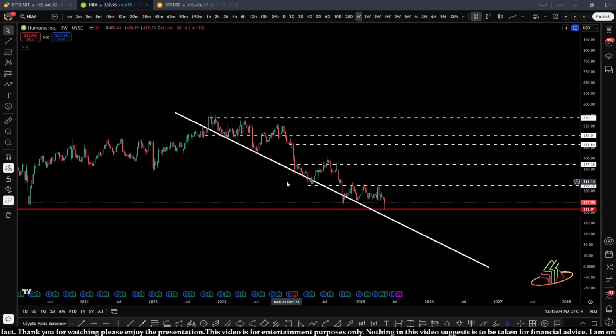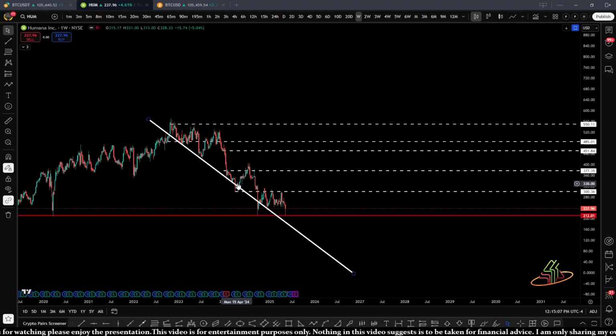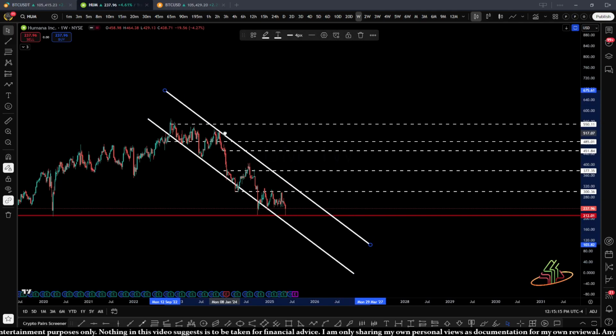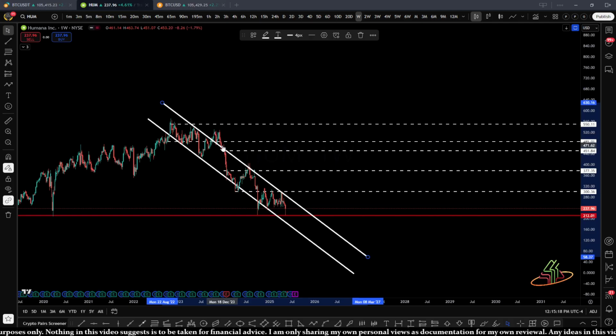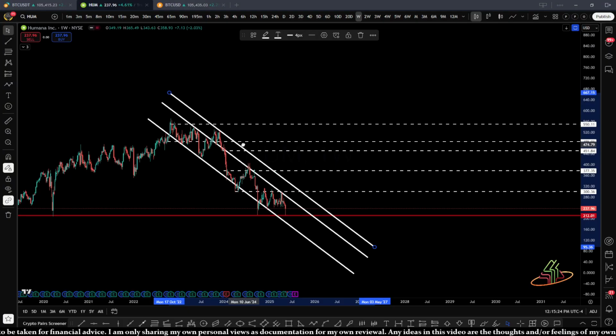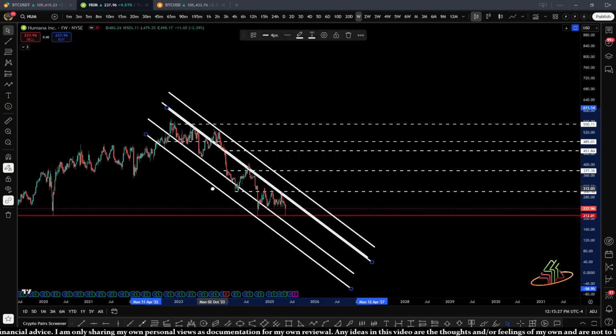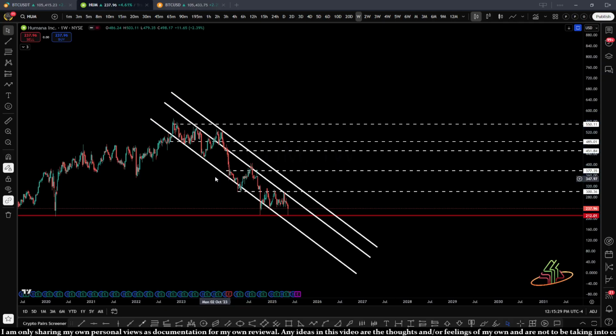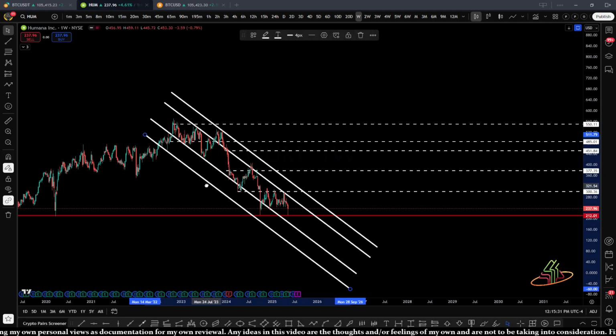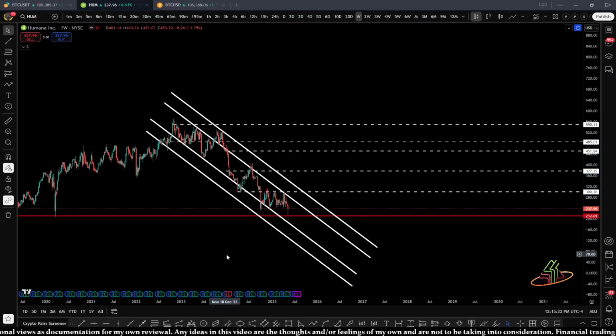What I'm doing right now is making a channel or a path to follow for this little area right here. This is just a small downtrend. So we can take that, put that there, cut that off, take this one, pull this one down. And this is more or less symmetrical on the way up.